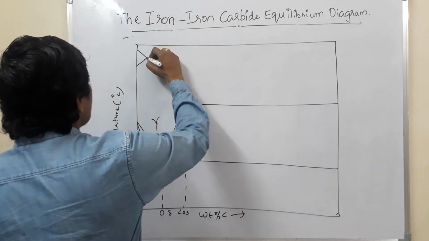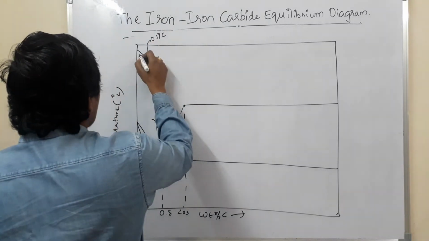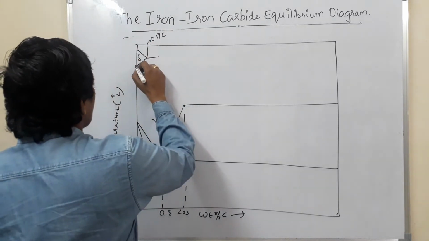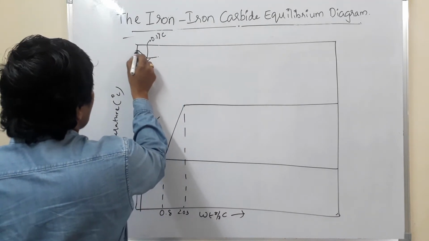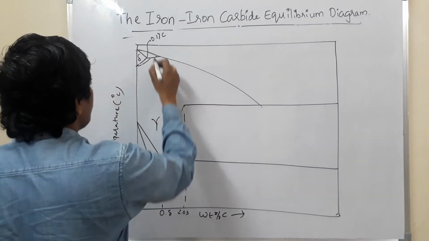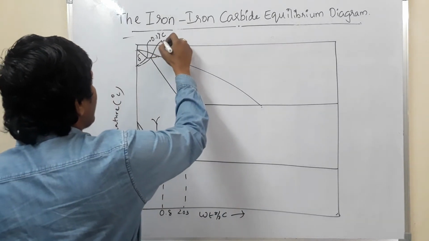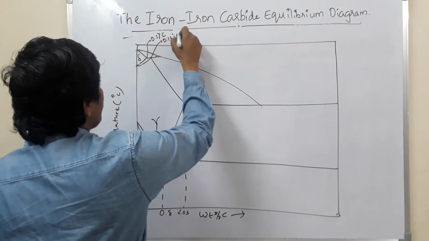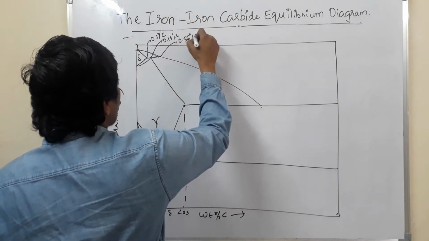This corresponds to 0.1 percent carbon. This is the delta region. At this point the peritectic reaction takes place. 0.18 percent carbon. This point corresponds to 0.55 percent carbon.